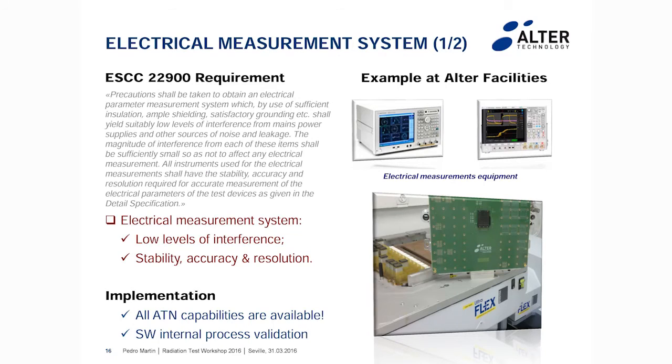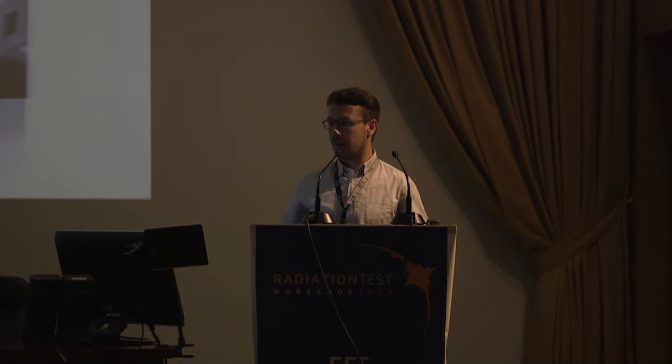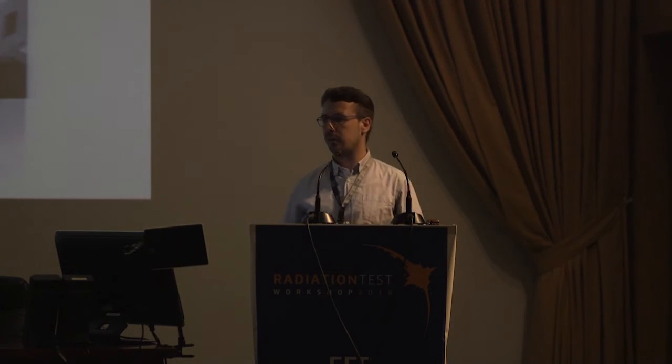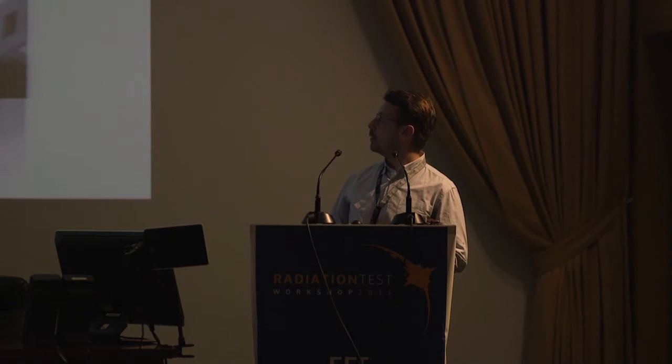About the electrical measurement system, it's very important to guarantee low levels of interference, stability, accuracy, and resolution. But if you choose good equipment for your measurement, and if you validate the software internally, you can comply with them.